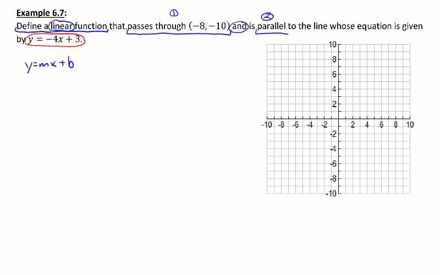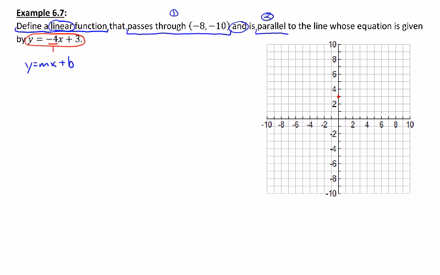Now I don't want to use the equation y equals -4x plus 3, the one that we have circled in red here, because that's part of the second condition, which says that I have to be parallel to that particular equation. So to help us understand what that means, let's plot -4x plus 3. Start with the y-intercept at 3.